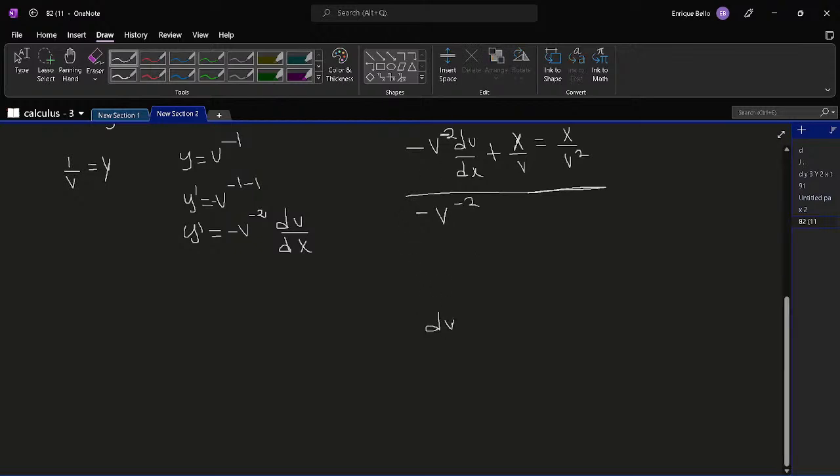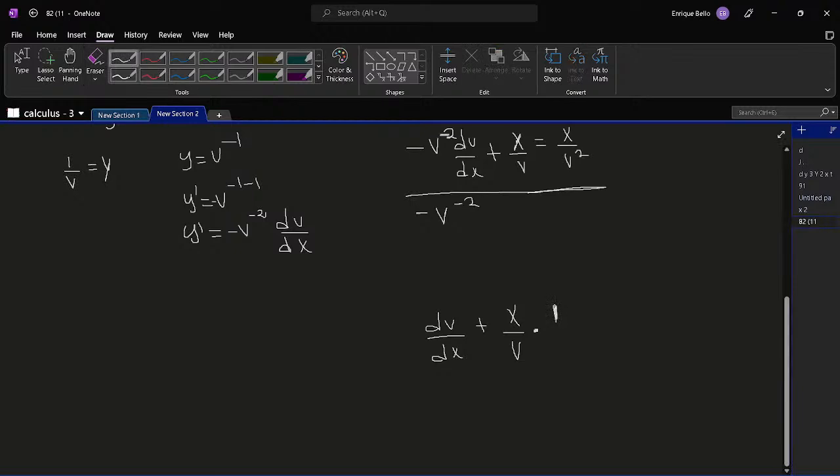It's gonna be dv over dx plus, so x v over v, so x over v times minus v to the minus 2 over 1, because they flip. Alright, so the 1 is going to be on top. Yeah, the 1 is going to be on top, not at the bottom.